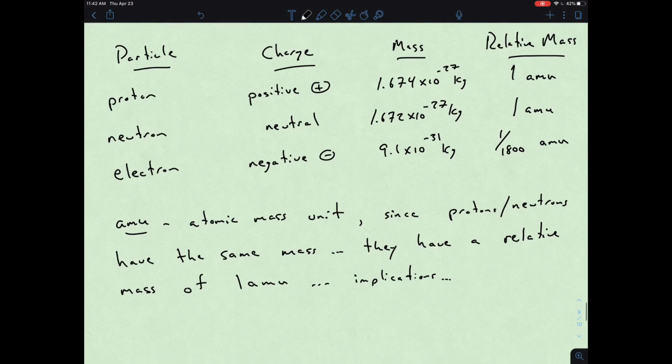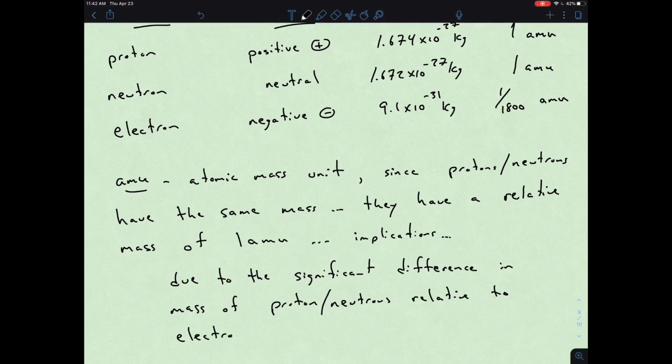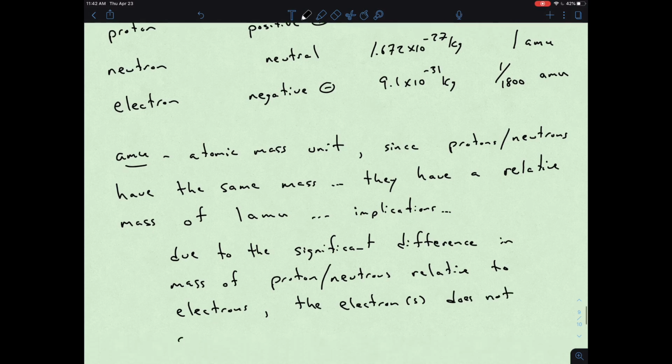And basically, what are the implications? Due to the significant difference in mass of protons and neutrons relative to electrons, the electron does not contribute to the atom's mass.